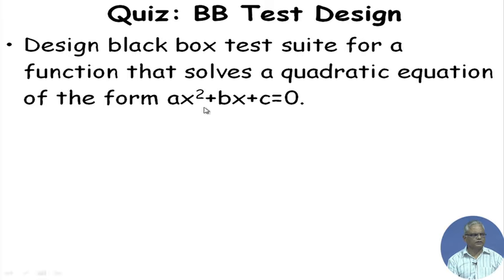It may take values, let us say 5.0, 7.0, 2.0. So, that is the input to this function quad solver. So, the name of the function is quad solver, it takes 3 parameters and displays the solution.